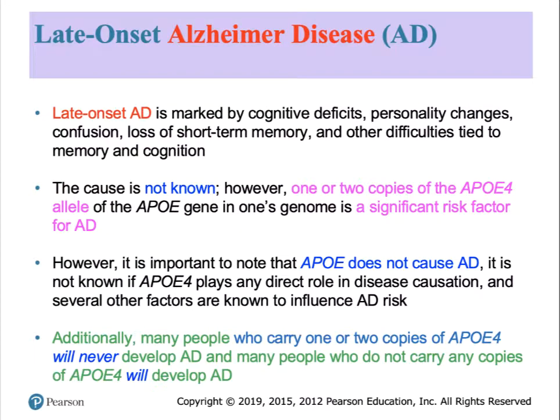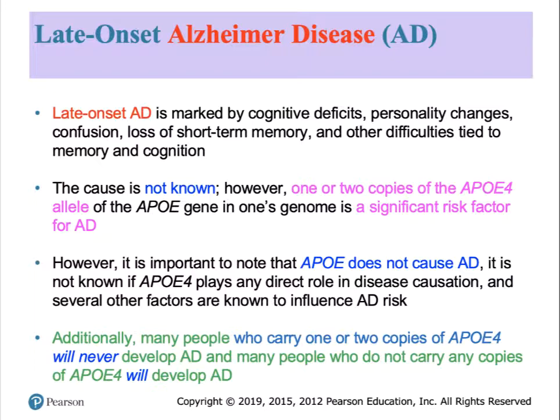Two examples are provided. The first is Alzheimer's disease, the late-onset version, abbreviated AD. Late-onset Alzheimer's disease is marked by cognitive failure, inability to remember people and names, which progressively worsens with time.